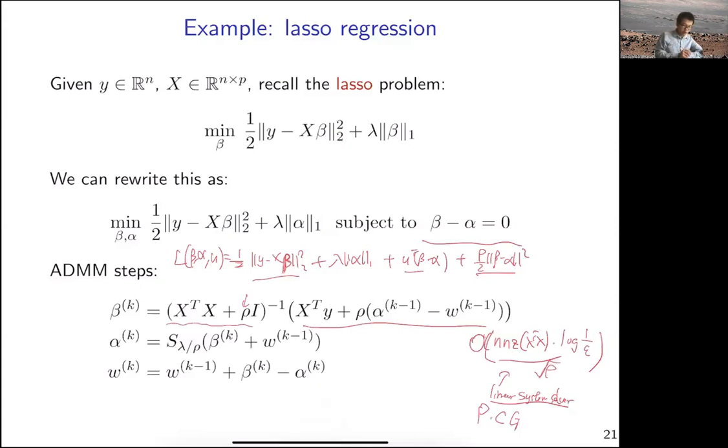Now the second update rule is to find alpha k equal to the argmin of this L over alpha, when beta and u are fixed.